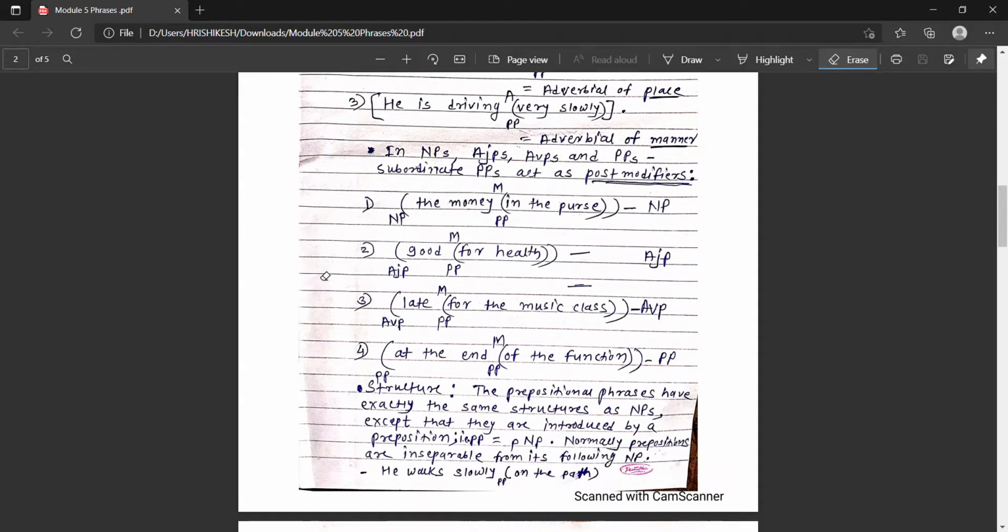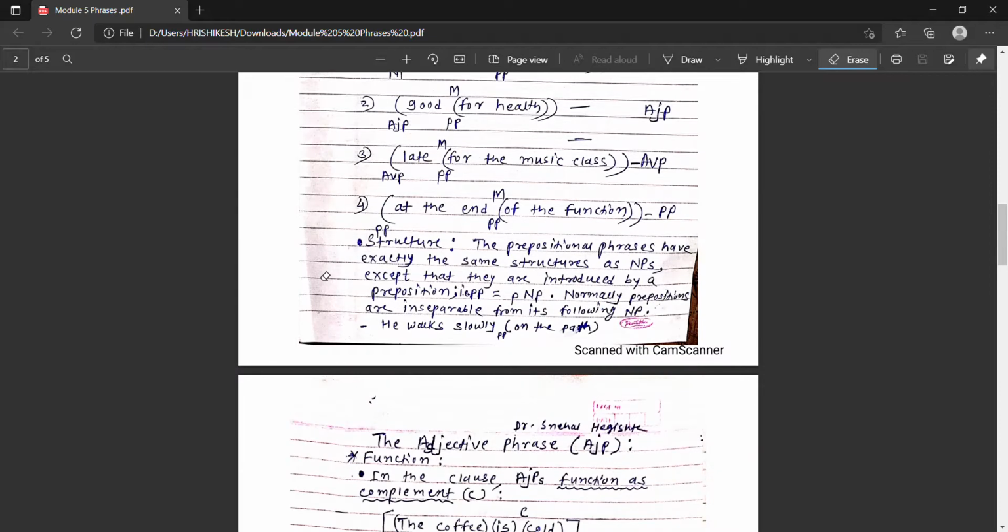After discussing this function, we discussed that prepositional phrases function or act as post modifiers in NPs, AJPs, AVPs, and PPs. Now, structure. What is the structure of the prepositional phrase? Prepositional phrases have exactly the same structures as NPs. What is the difference between NPs and PPs? Except that they are introduced by a preposition. So noun phrases introduced by a preposition are called prepositional phrases. PP is equal to P plus NP.